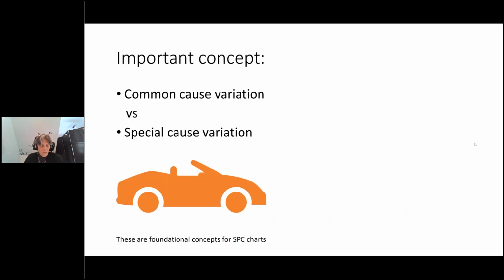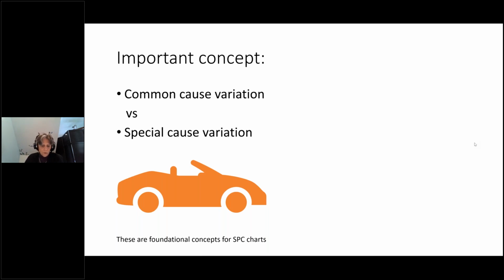So one of the really foundational concepts about control charts is that they can help us understand the difference between common cause variation and special cause variation. Common cause variation are those things that happen all the time. In this case, we're going to talk about driving to work.